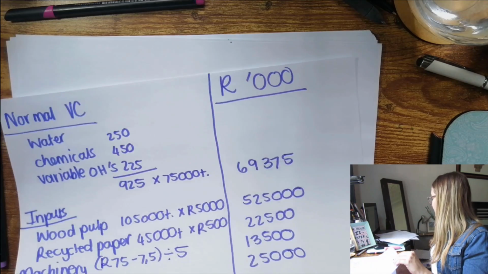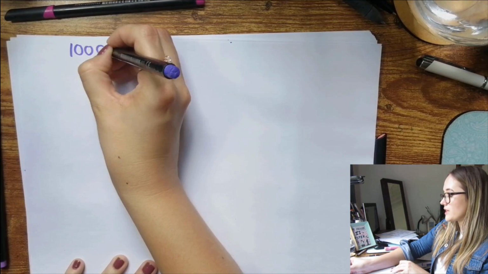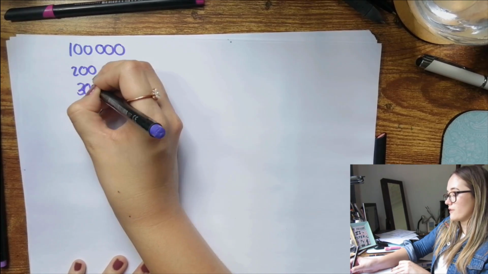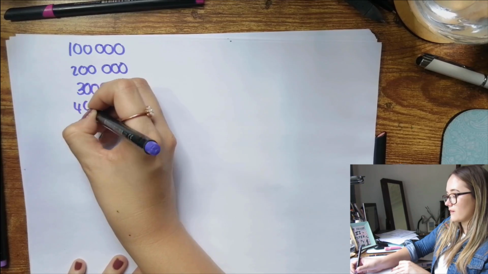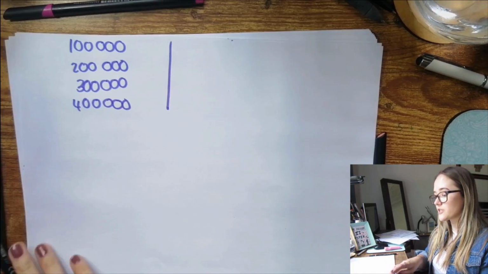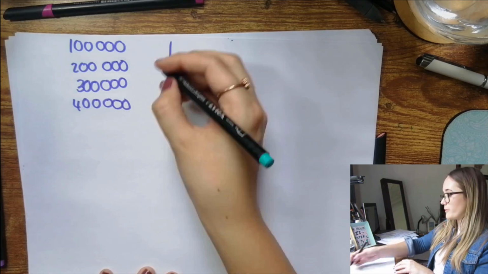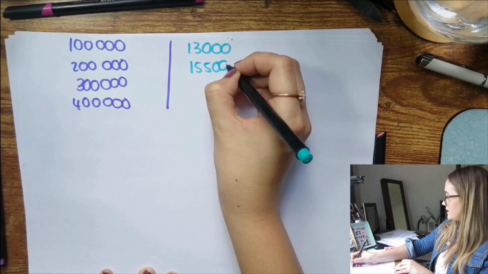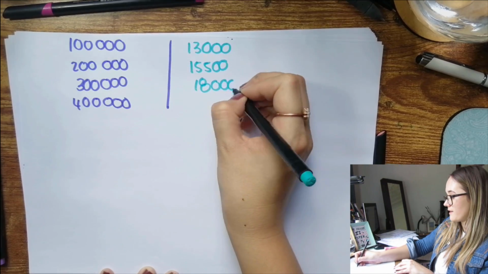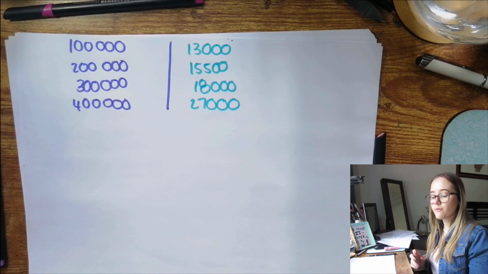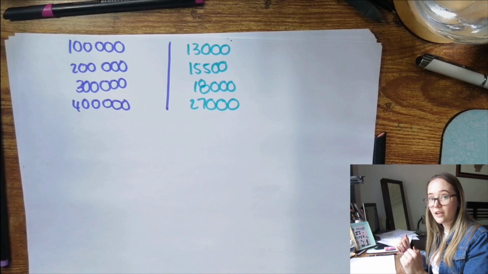So they gave you a table showing 100,000 units, 200,000, 300 and 400. And then they told you the cost at each of these units would be 13, 15,500, 18, and 27. Now they told you that at a specific point, these costs increased.